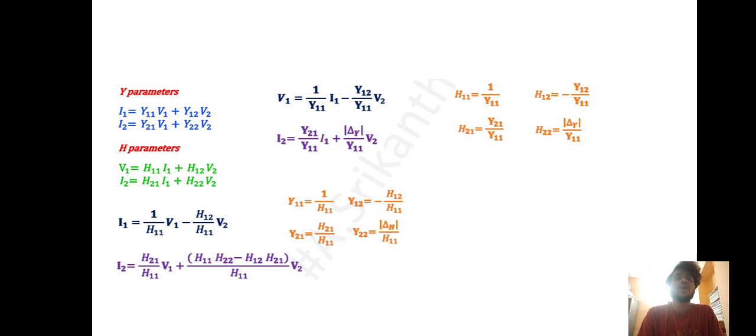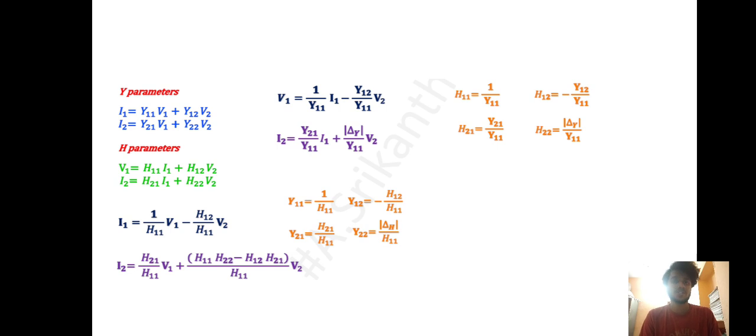I2 equals Y21 by Y11 into I1 plus delta of Y by Y11 into V2. H11 equals 1 by Y11. H21 equals Y21 by Y11. H12 equals minus Y12 by Y11. H22 equals delta of Y by Y11.